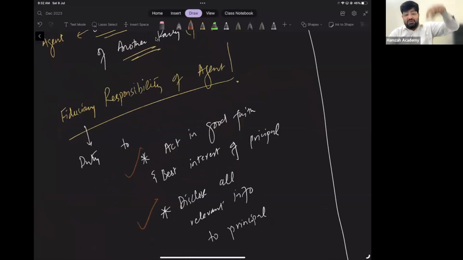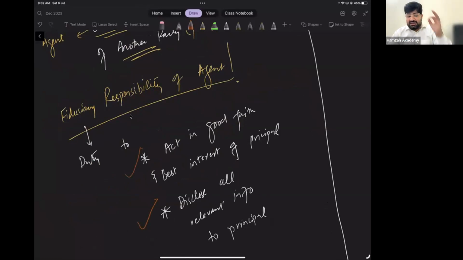When they are in position, when they are running the company, they should not be after their personal benefits. Rather, they should run the company in the best interest of shareholders.